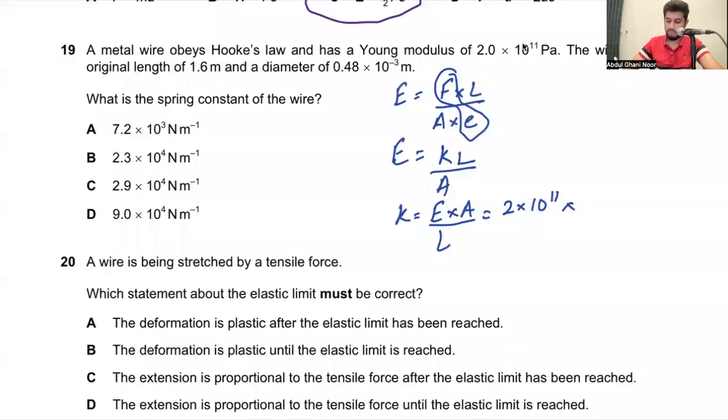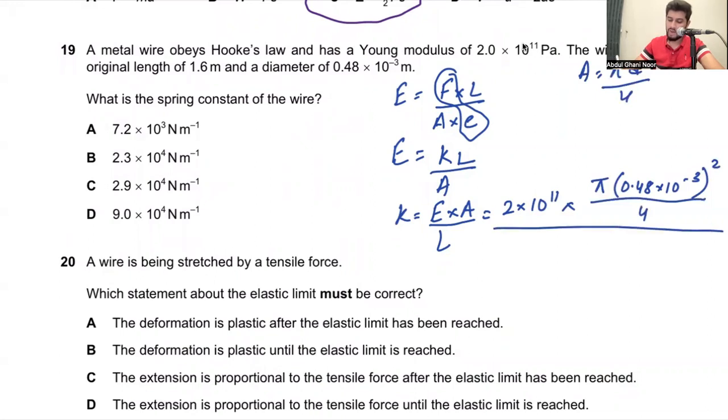The area is pi d squared. They've given us a diameter, hence area is equal to pi d squared upon 4. Or you can divide the diameter by 2 and get the radius, upon 4, divided by the length, which is 1.6.